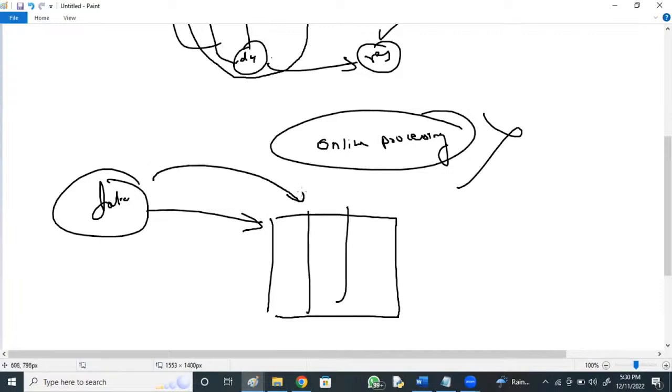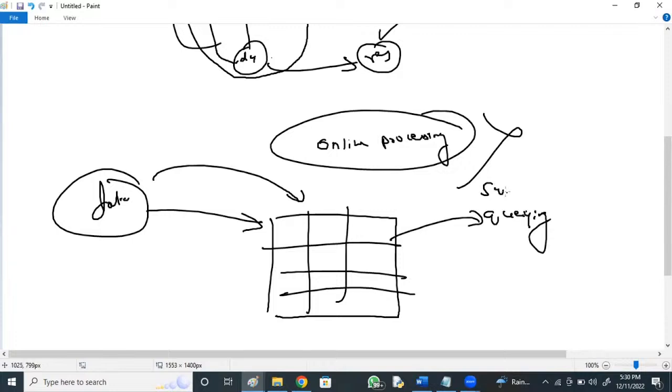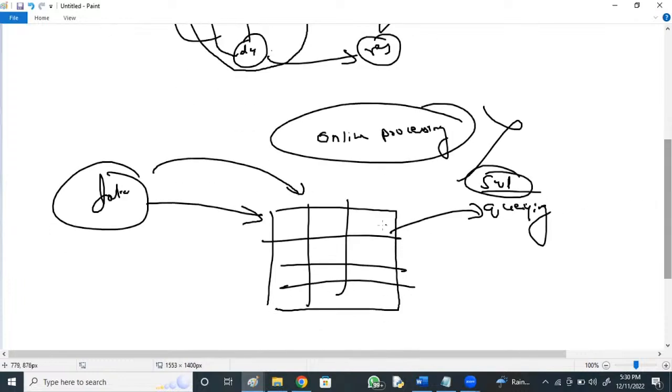Unstructured to structured, I'll make a table structure, and I can perform SQL querying, structured query language, on this. So you can interact with it through interactive queries.